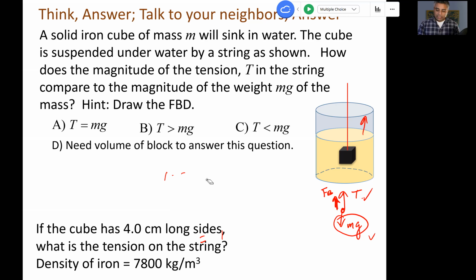So our T was mg minus FB, right? So now the question is, if the cube has a 4 centimeter long side, so this is a cube, L is 4 centimeter. So maybe we want to convert that into meters.